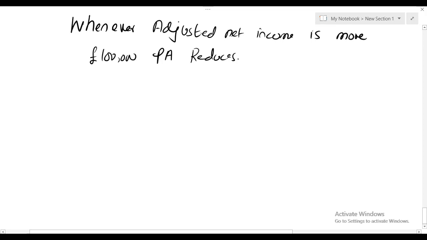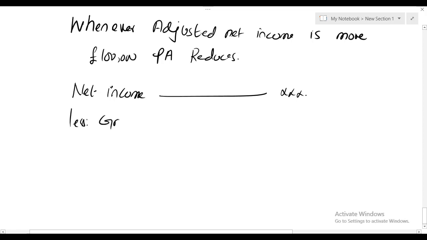The first question was, how do we calculate adjusted net income? And the second question is, what is actually a formula by using which we reduce personal allowance. Let us first see the format of adjusted net income. All you need is first take the net income, and from this net income you need to deduct gross gift aid donation.